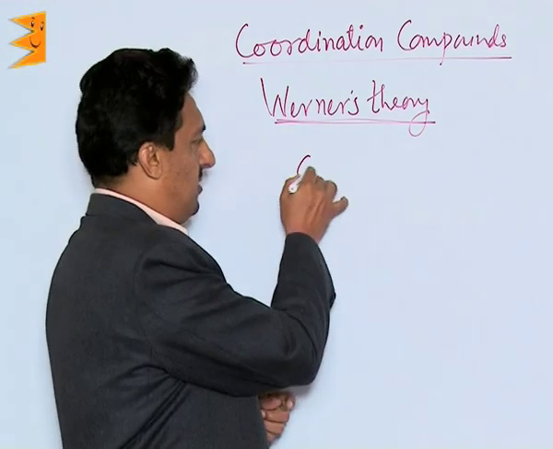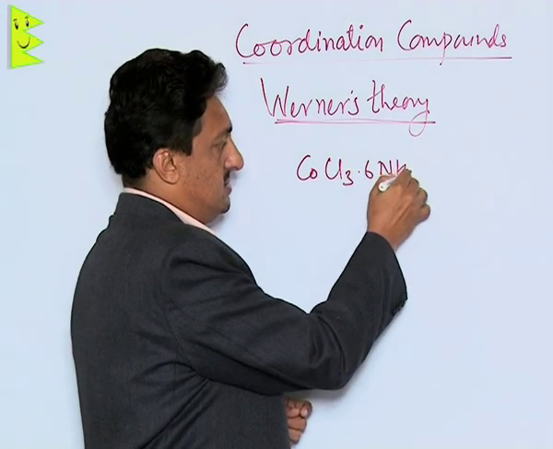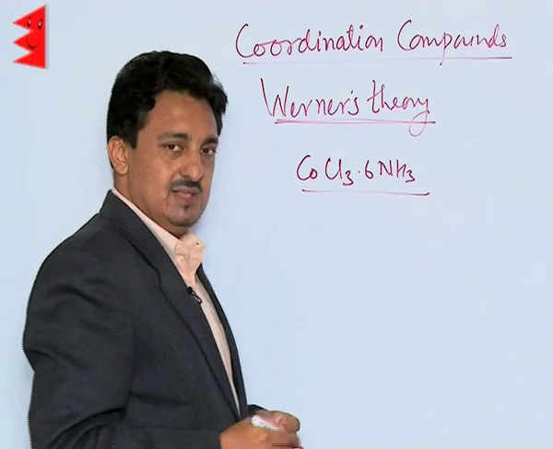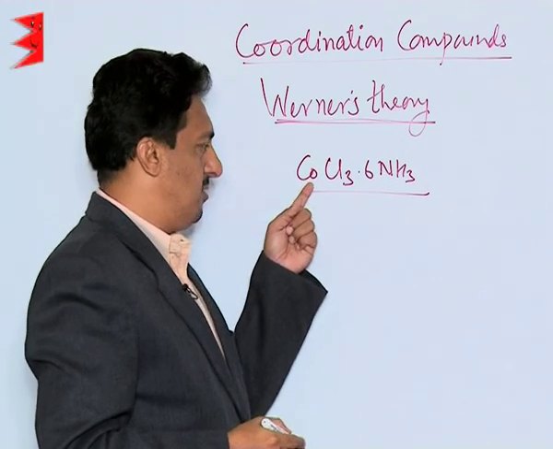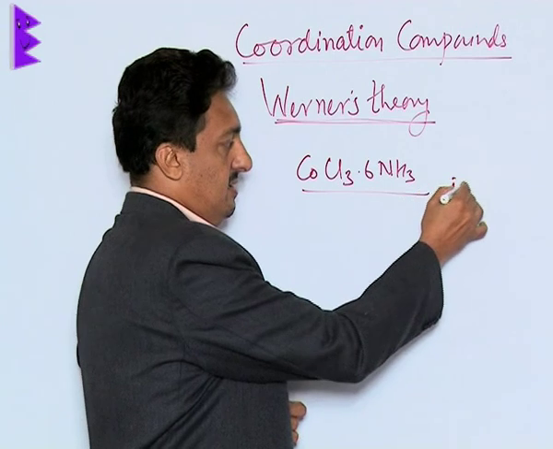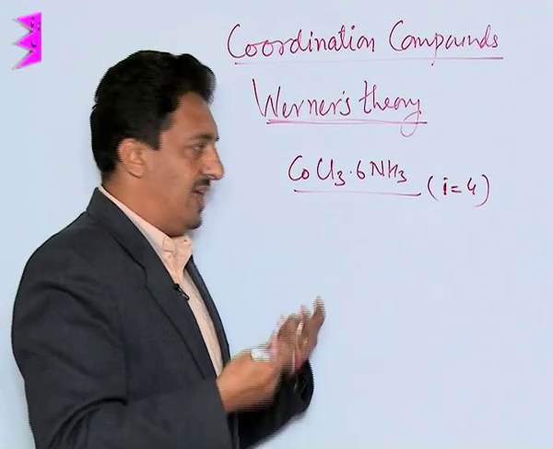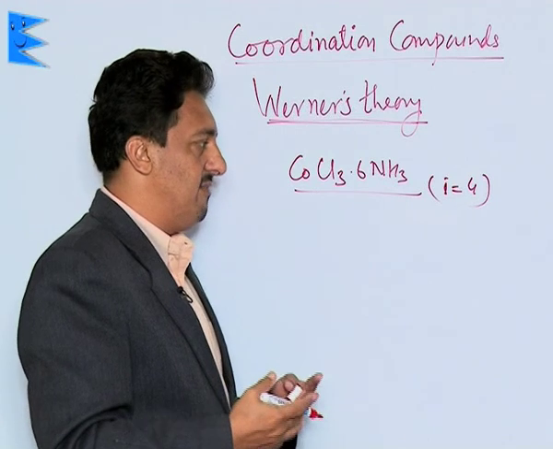If I am talking about this compound with the molecular formula CoCl3·6NH3, a compound of cobalt chloride and 6 ammonia, he was getting a van 't Hoff factor of 4. He was trying to find out why.